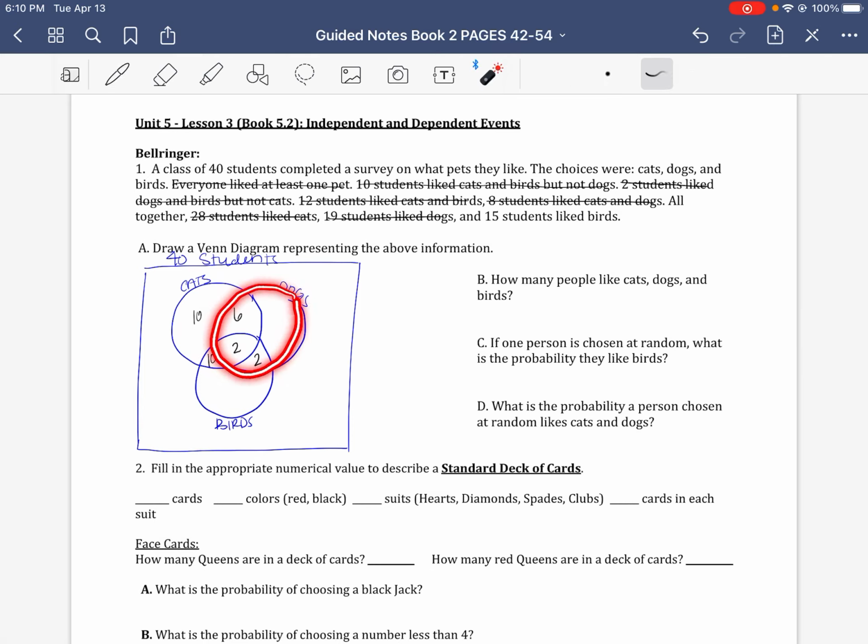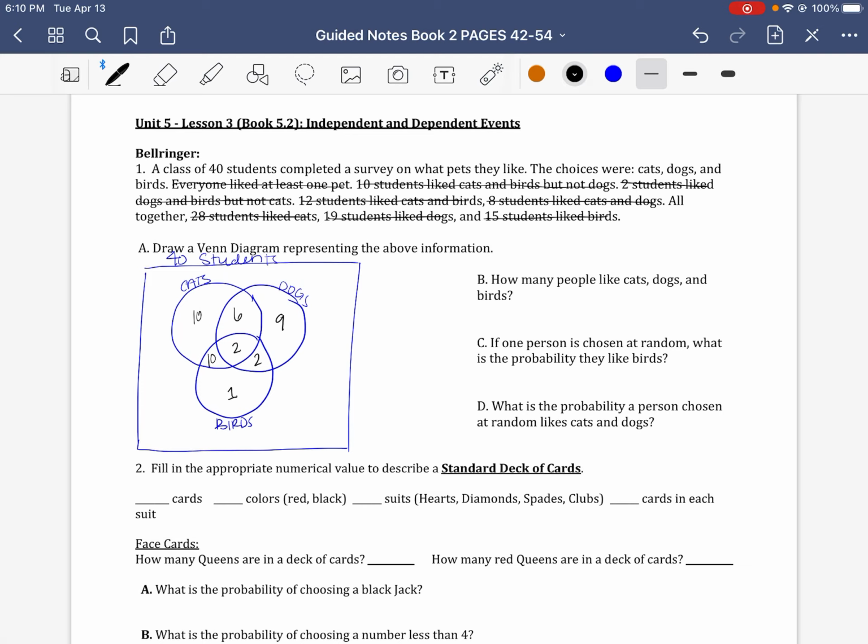So we take the dog circle, and there's already 10 in there, which leaves 19 minus 10... Sorry. Okay, birds. 15 like birds. So we've already got 10, 11, 12, 13, 14 in the bird circle. So that only leaves 1 out here for birds.